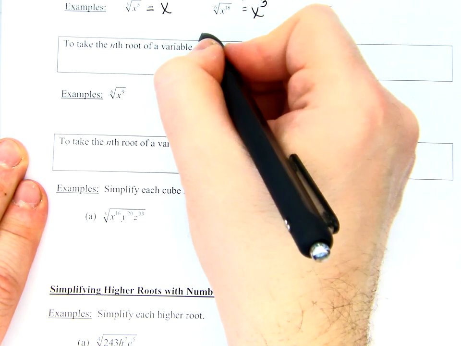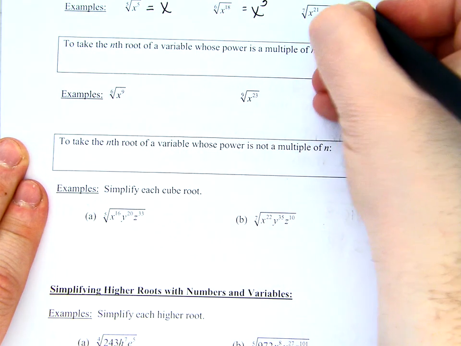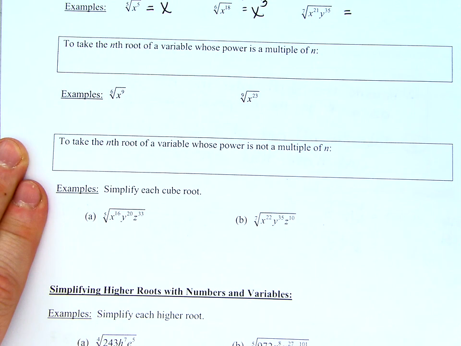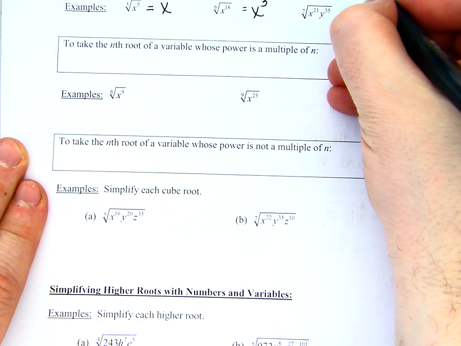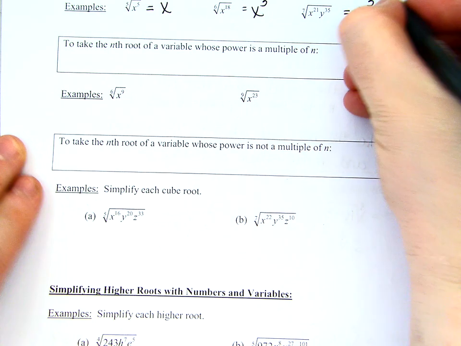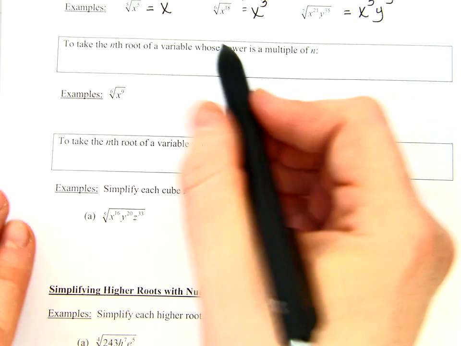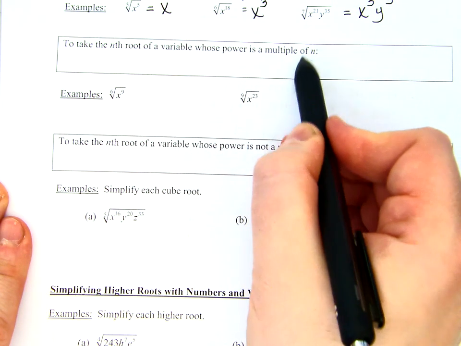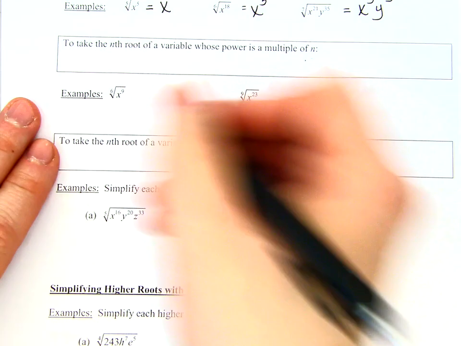So what's really the shortcut? I was dividing by 6. In this 7th root, I'm going to divide the powers by 7. And we're going to get x to the, help me out, 3rd, y to the 5th. If I want to do an nth root, a 4th root, a 5th root, a 7th root, a 21st root of a variable whose power is a multiple of that type of root, all we need to do is divide the power by that number.